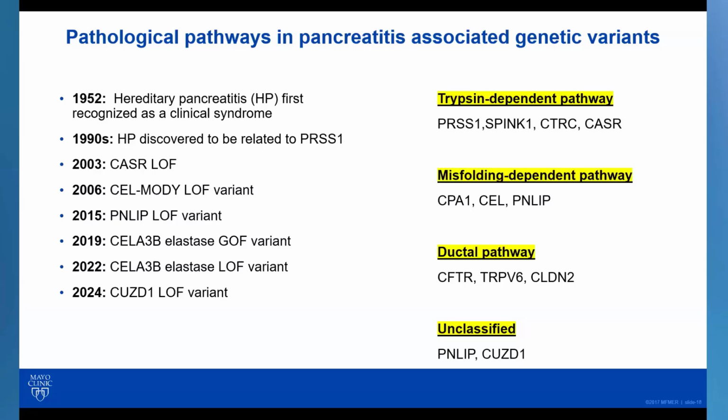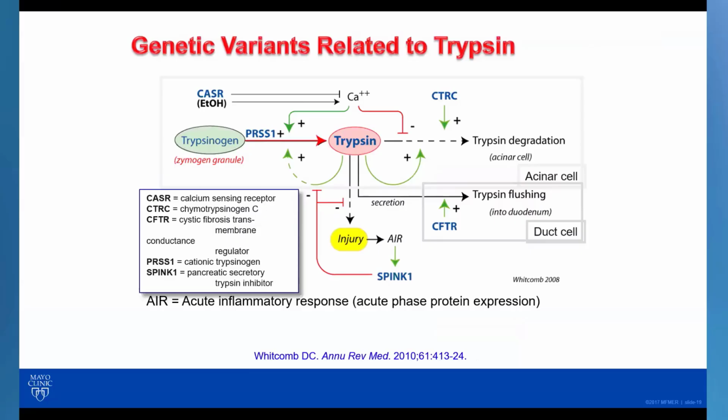So if I want to dive a little bit into a cellular level when it comes to trypsin, trypsin is needed basically to help with digestion. And that is typically activated by intracellular calcium, let's say within the acinar cells. There are certain genes that would promote calcium release, and there are other genes that would lower intracellular calcium release, and therefore that would help with trypsin degradation.